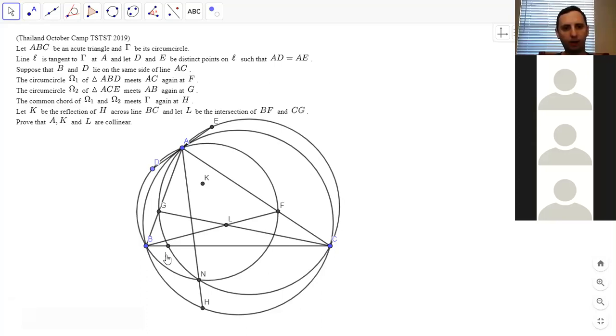So ACI equals ENG. So IG will be equal to AE. Okay. So IG would equal AE.